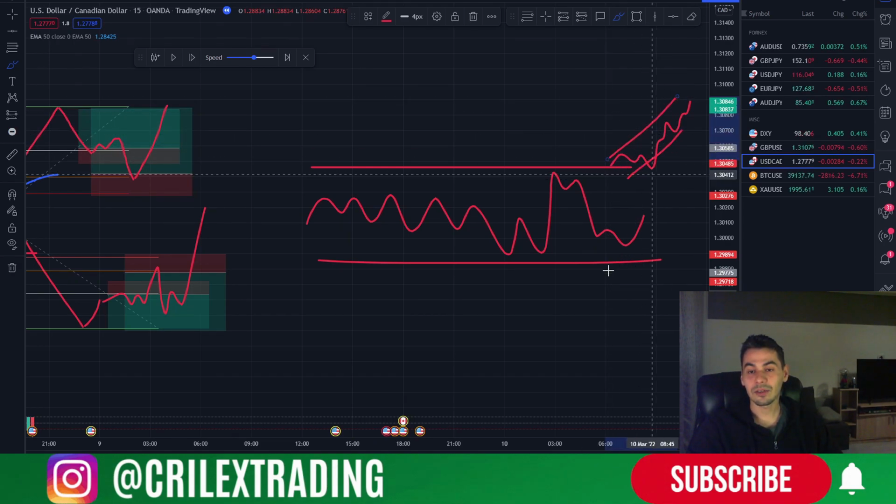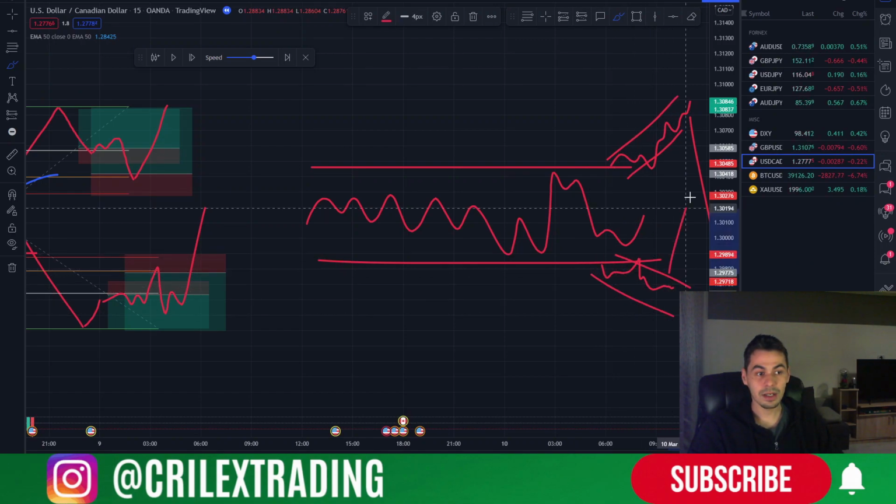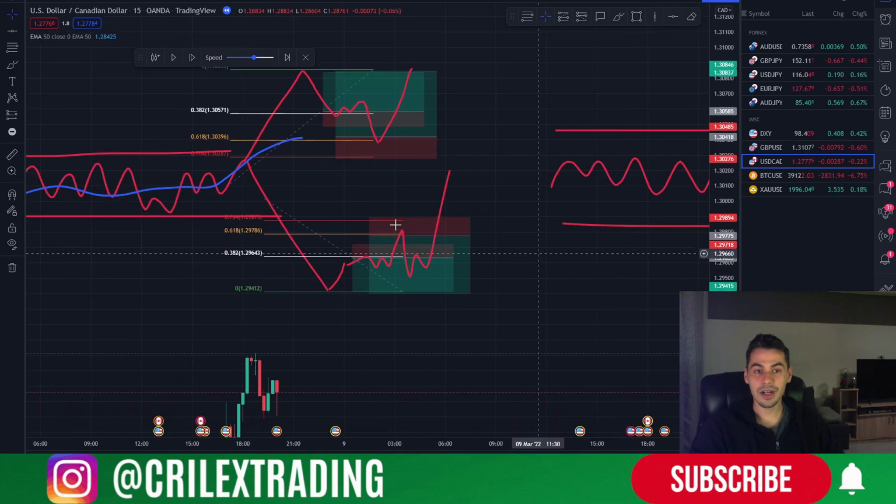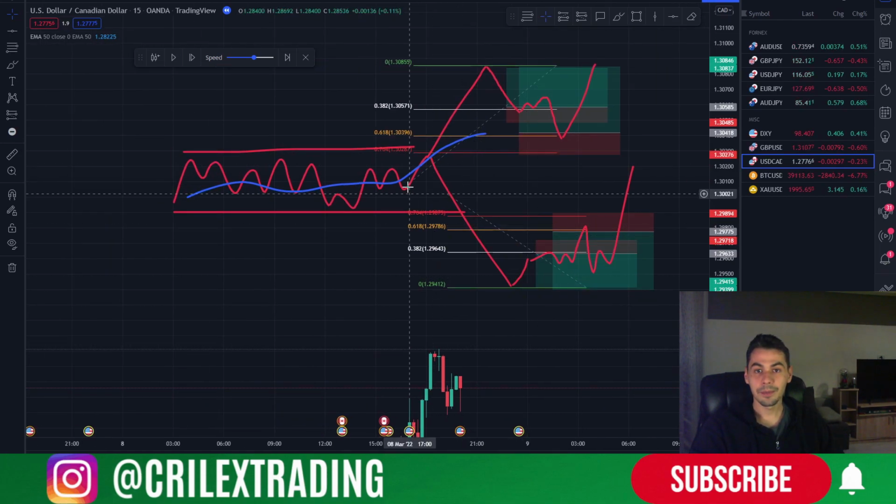This is something that we want to disregard because it will mostly end up collapsing. Same thing will happen to the downside. So if you see something like this with no huge impulse, just disregard it. So we just want clear and concise breaks, as I showed you guys here.